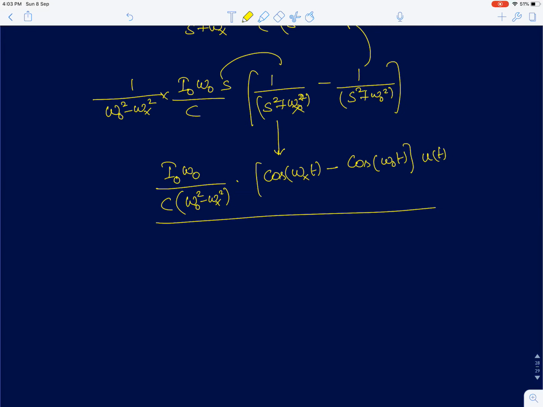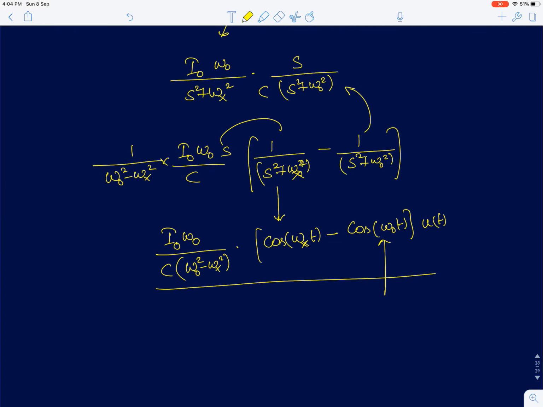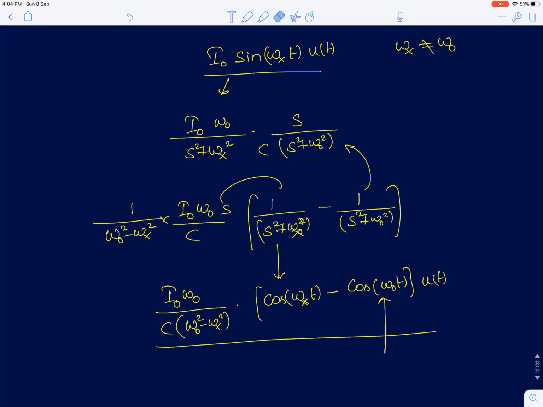Now if I look at this expression, I fed an input sinusoid of frequency omega x, but the output also contains a different frequency, which is omega naught. I think there is a small change here.